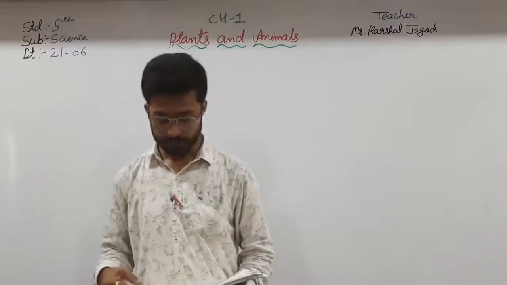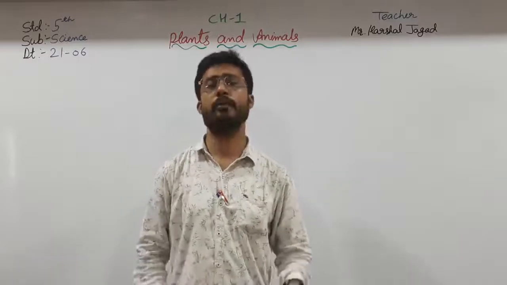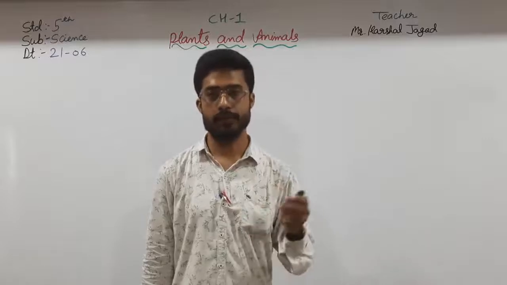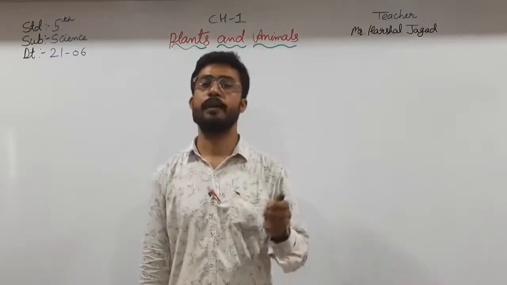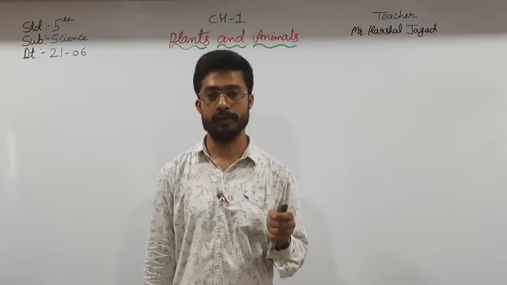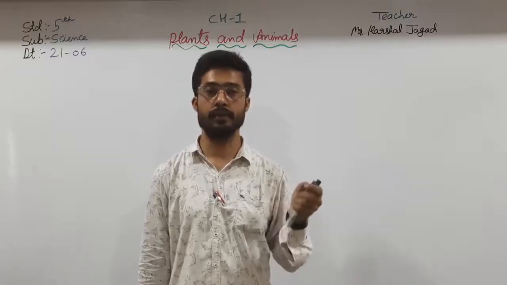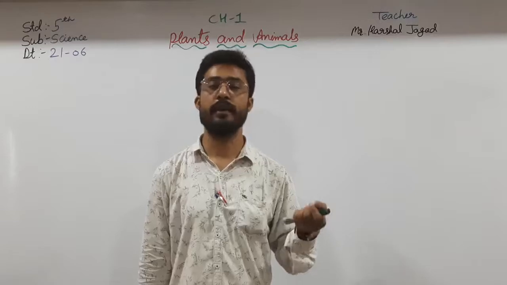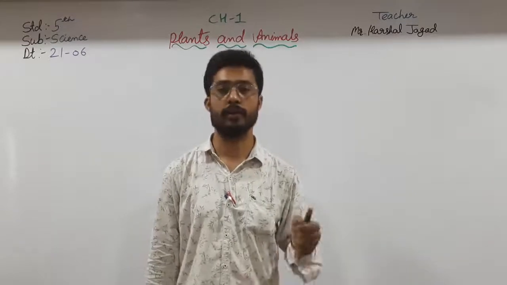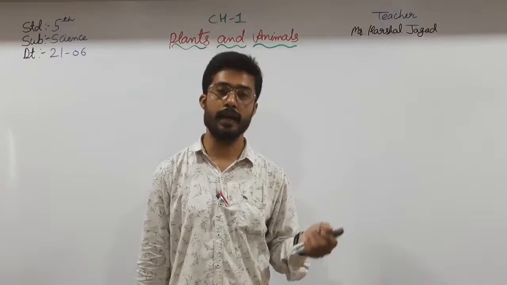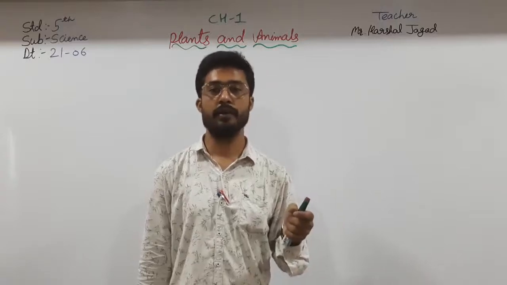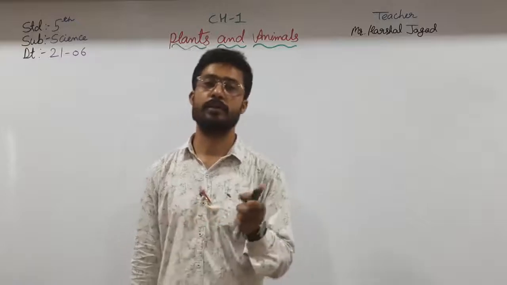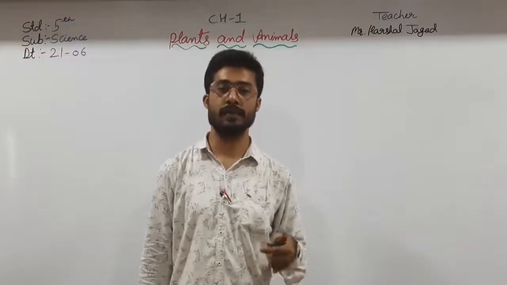Then plants do not have any sense organs, but animals have special sense organs like eyes, nose, ears, to feel, to taste. Plants just respond to some of the stimuli, but animals quickly respond to any of the stimuli.